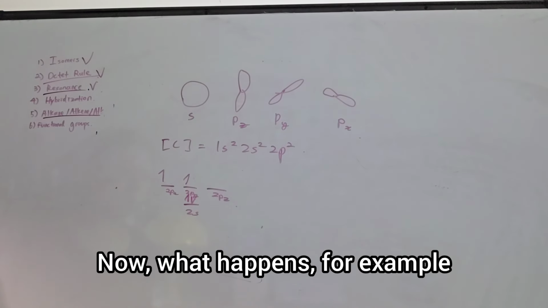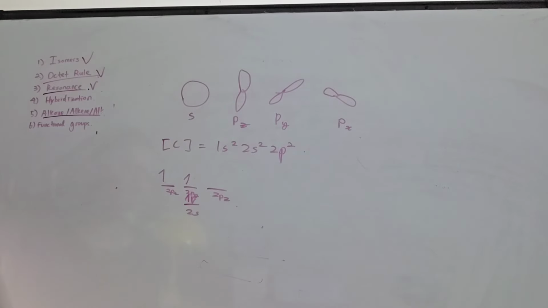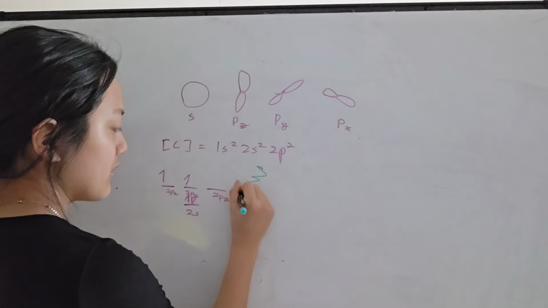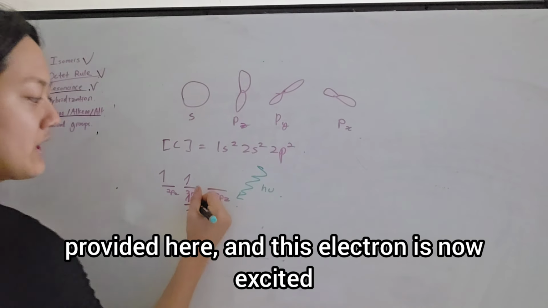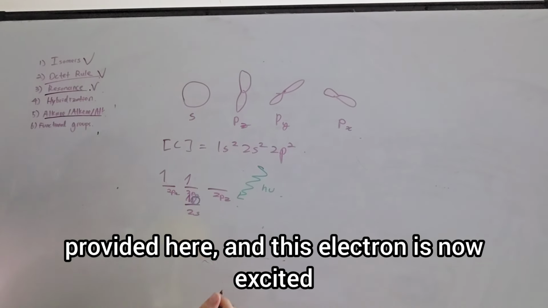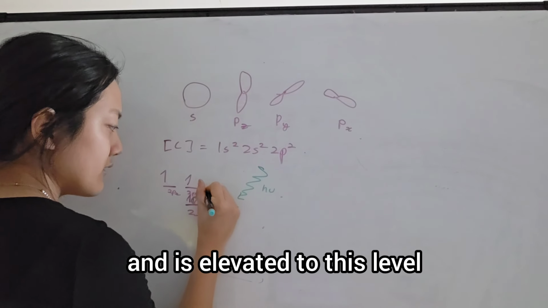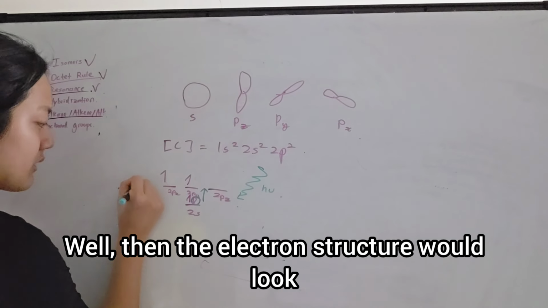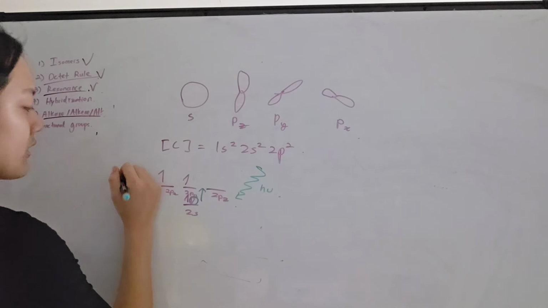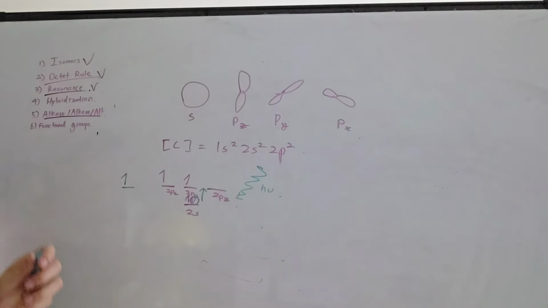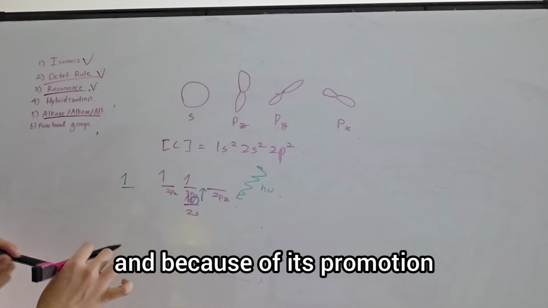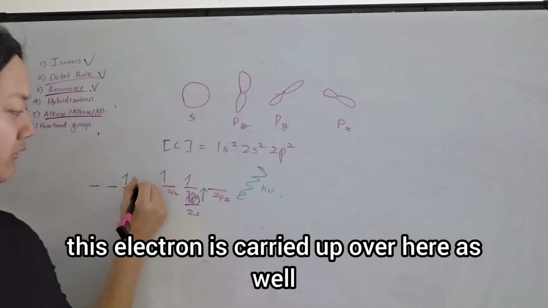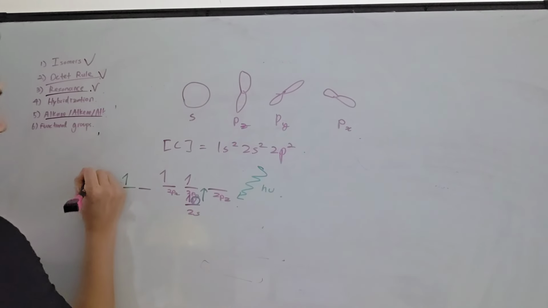Now, what happens, for example, if we say that there's some energy provided here, and this electron is now excited and is elevated to this level? Well, then the electron structure would look a bit more like this. One electron is promoted up here, and because of its promotion, this electron is carried up over here as well.